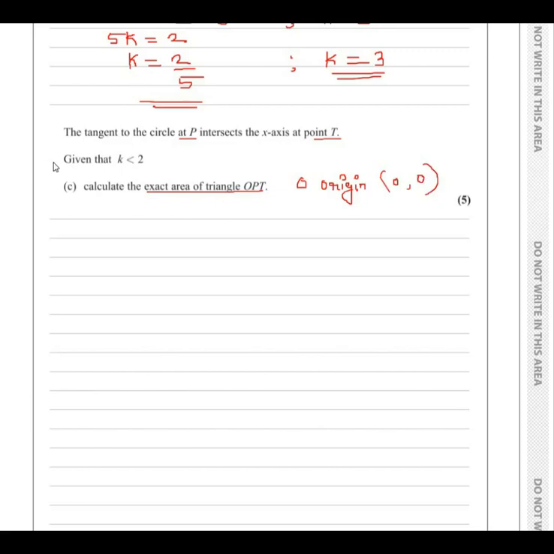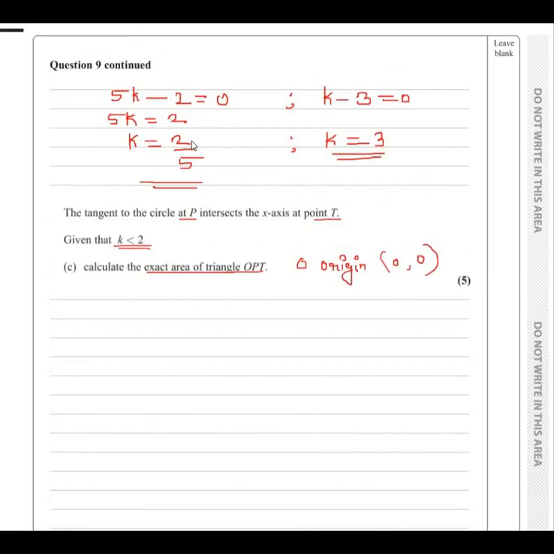And one more thing they have told us clearly is to use the value of k less than 2. So we have got two values of k, 2 over 5 and 3. We are not supposed to take the value of k as 3, but we are going to consider k equal to 2 over 5.